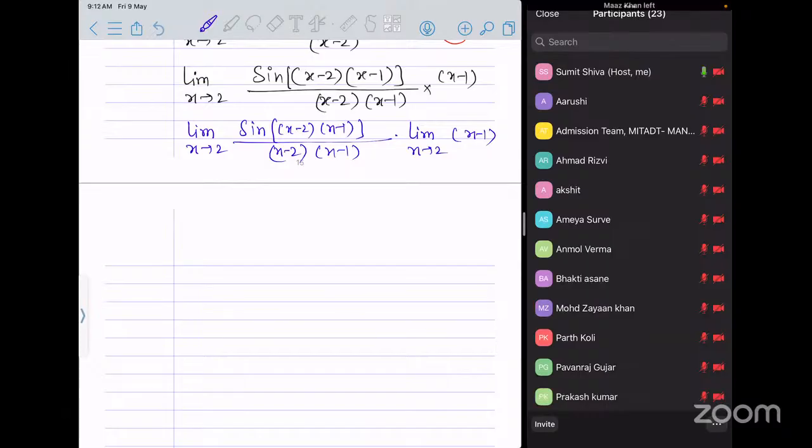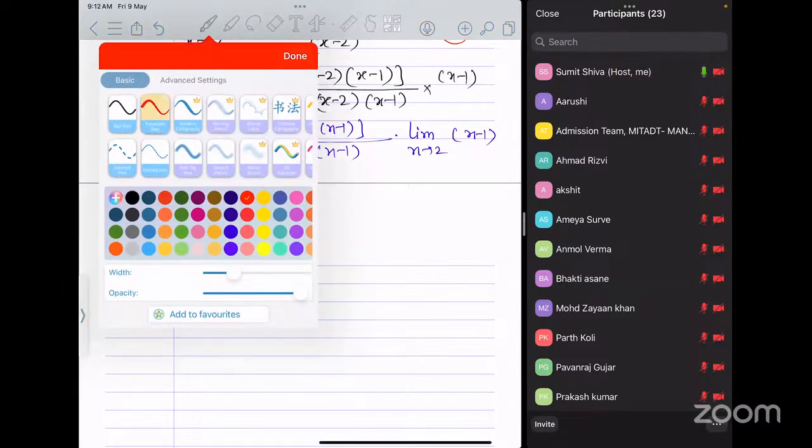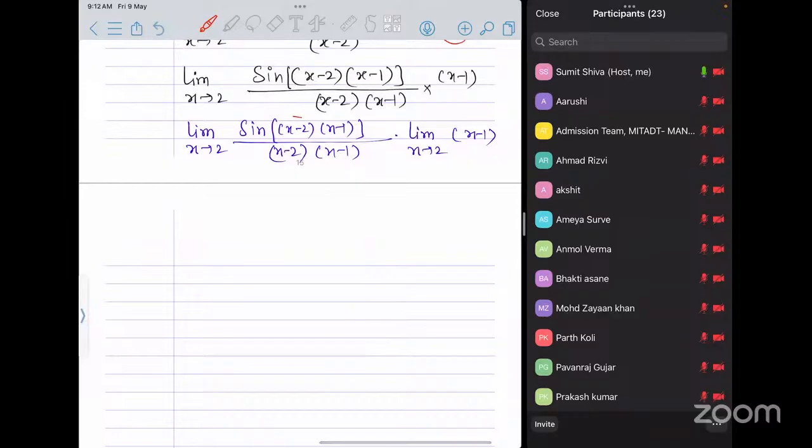So I have distributed limit over two different functions: one is sine, and another one is a simple linear function, x minus 1. Now, this will be a standard property, sine of f of x divided by f of x, so this will be tending to 1. So this will be 1 into, and if you put limit 2 minus 1, this will be 1 into 1. So the answer will be 1.